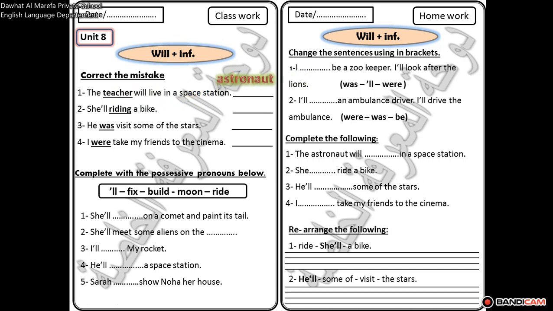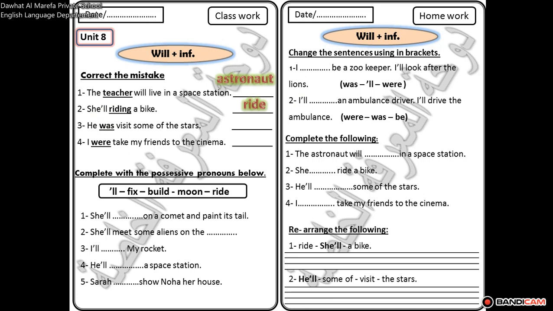The astronaut will live in a space station for a period of time for studying the planets. Number 2, she'll riding a bike. Is riding correct? No. Why? We have ing, but after will we use ride.